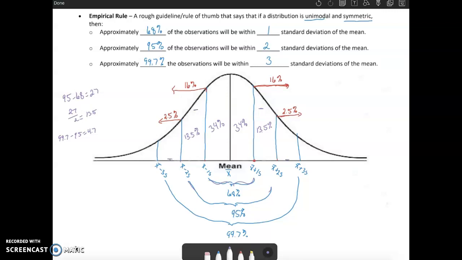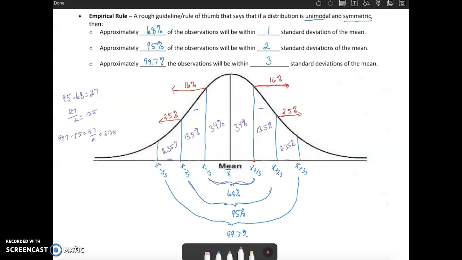Divide that in half is 2.35. So there are 2.35% here in this sliver and 2.35% in that bottom sliver between the 1 and 2 standard deviation marks.